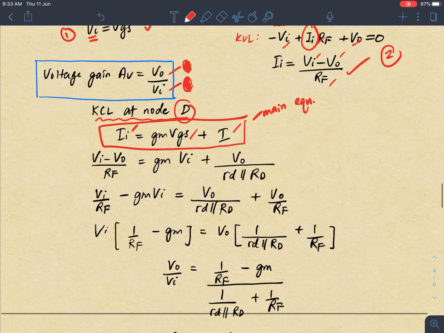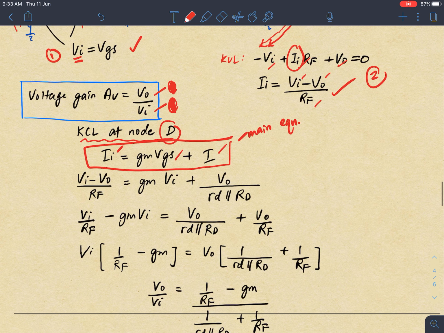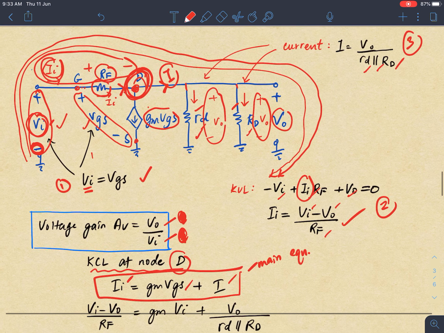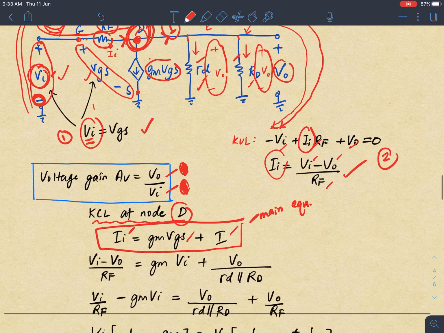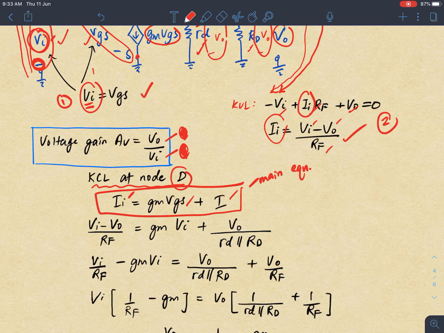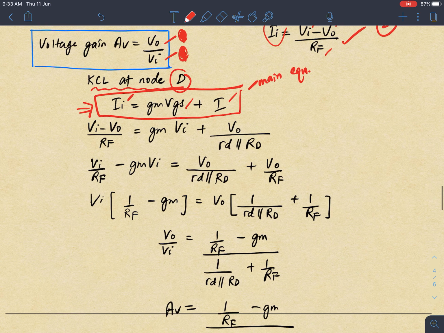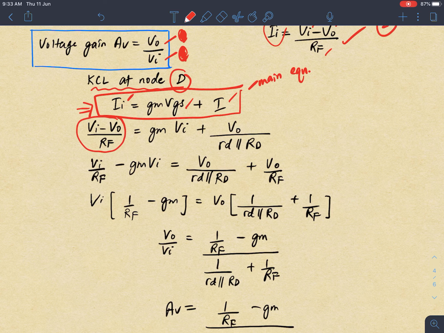Now we have three equations that we have derived earlier: V in, I, and I in. Insert these three equations into the KCL here. For I in, I get V in minus V out divided by RF.